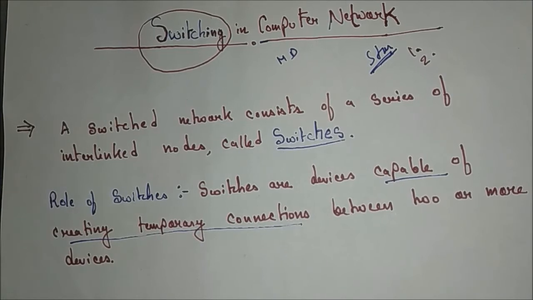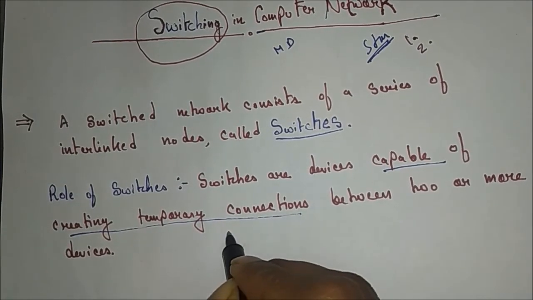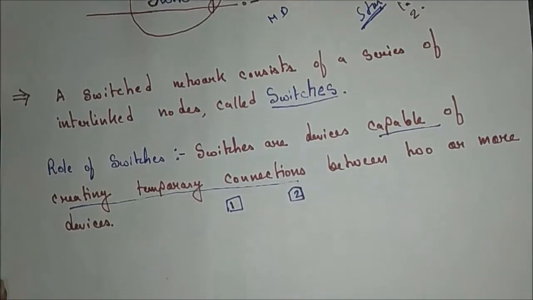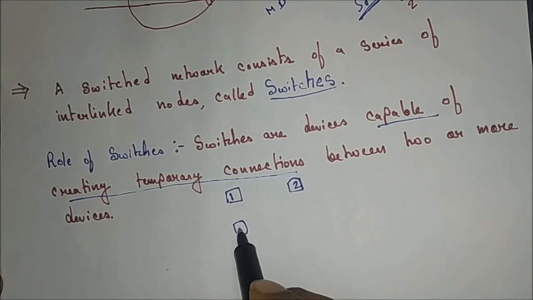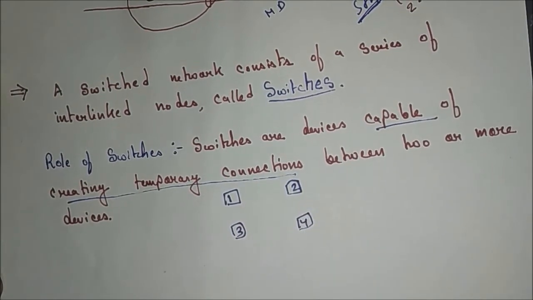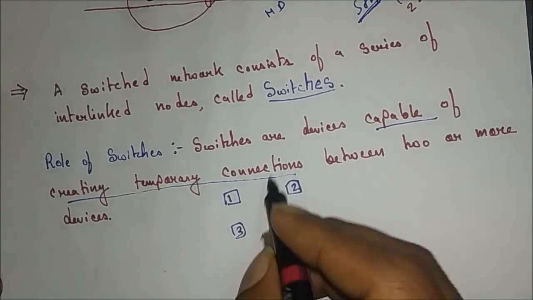Now I'll give a brief idea with the help of a diagram. If there are four devices, device 1, device 2, device 3 and device 4, we'll connect them with the help of switches.